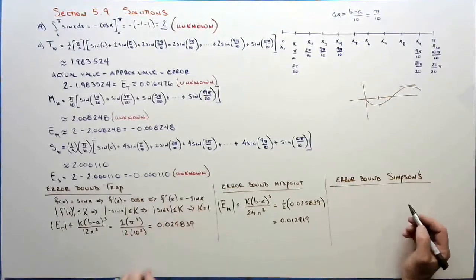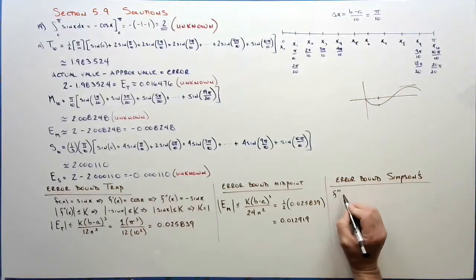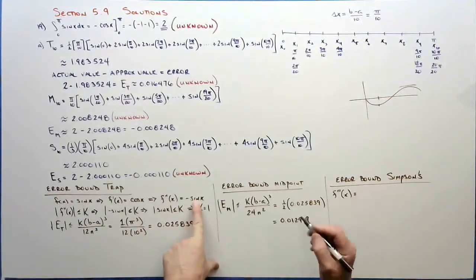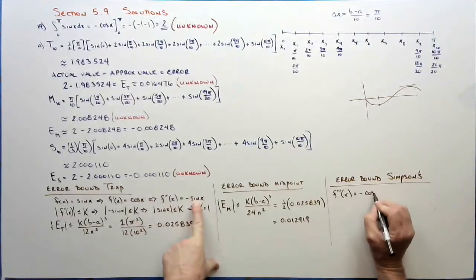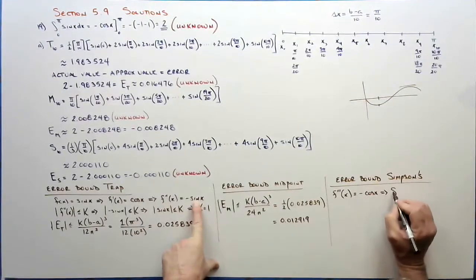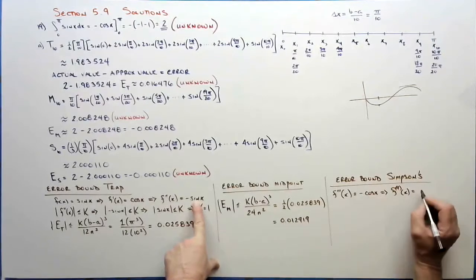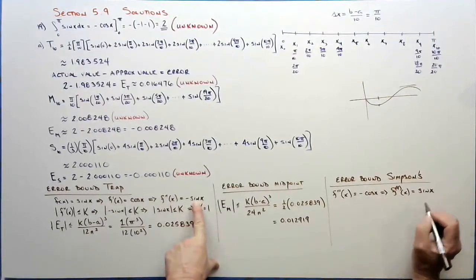We've got the second derivative is negative sine. So the third derivative is going to be the derivative of negative sine, which is negative cosine. And then the fourth derivative is going to be the derivative of negative cosine, which is sine.